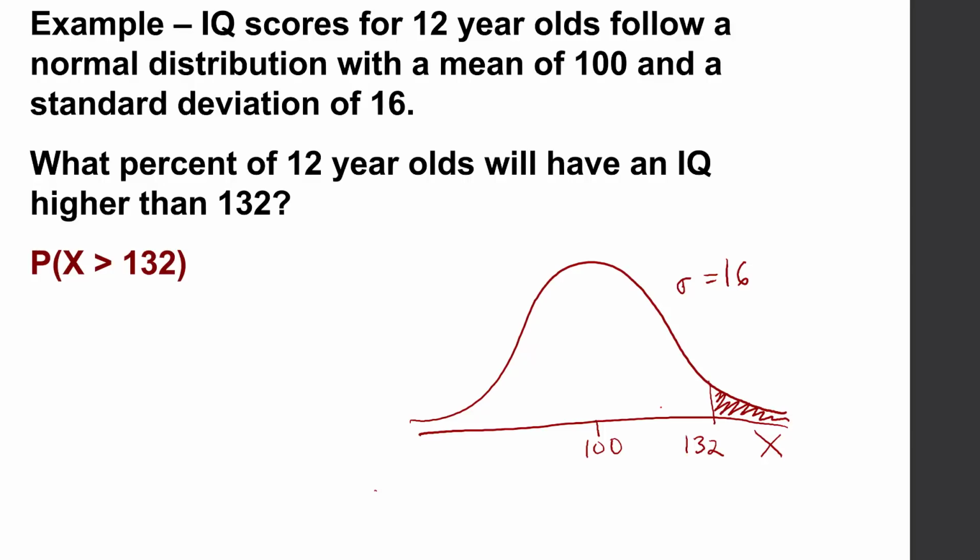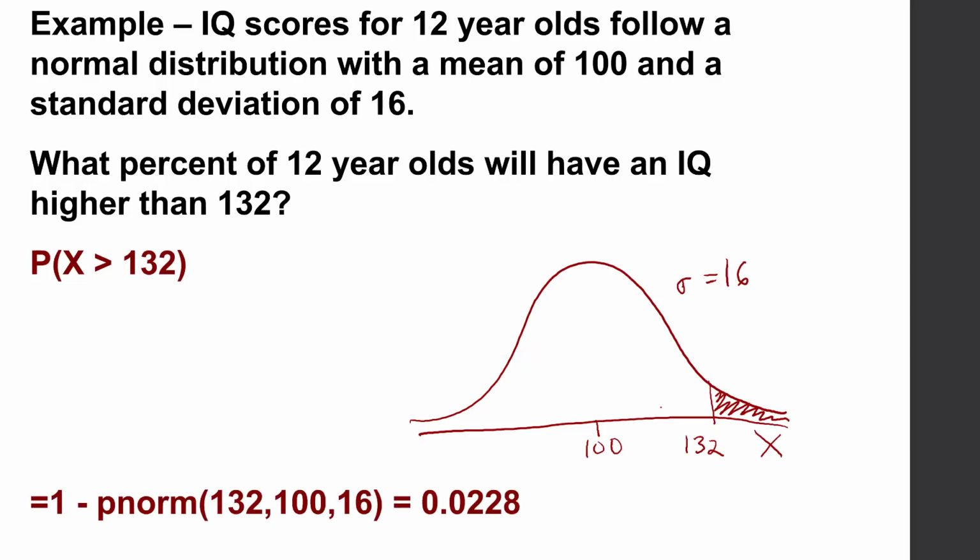How can we get this? Well, if the total area under the curve equals 1, we can again use our complement rule. 1 minus the probability of being less than 132. So 1 minus pnorm of 132, comma 100 the mean, comma the standard deviation of 16 gives us 0.0228.